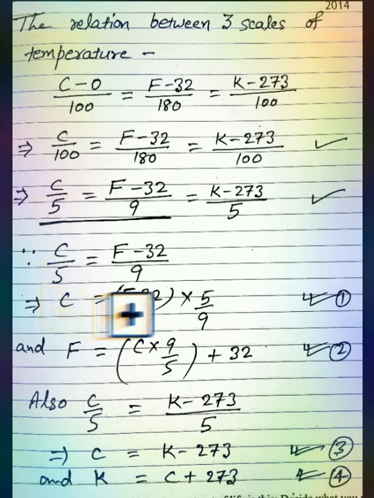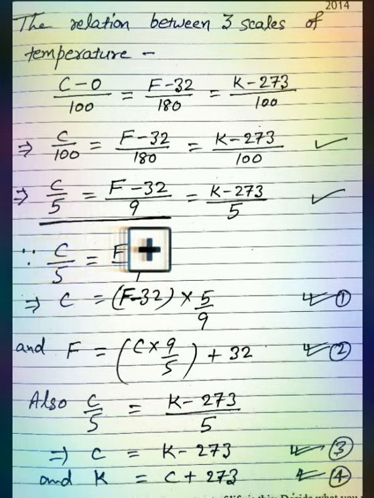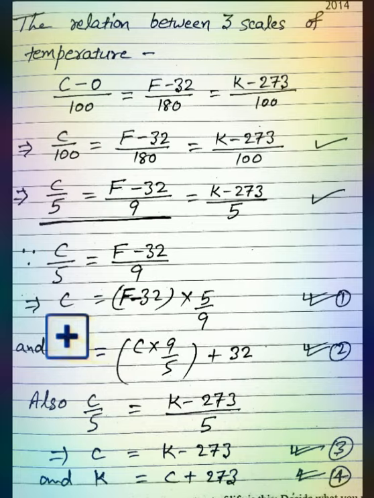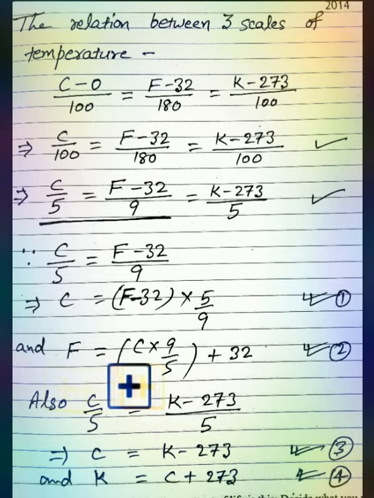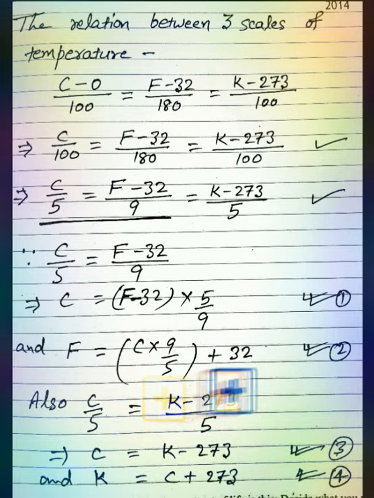Further, let us first consider only these two, degree Celsius and Fahrenheit. If we consider the relation between them, we will see that C, the reading in Celsius, is equal to the reading in Fahrenheit minus 32, multiplied by 5 by 9. And conversely, if you want the reading in Fahrenheit, it is the reading in Celsius multiplied by 9 by 5 plus 32, meaning first multiply by 9 by 5 and then add 32.